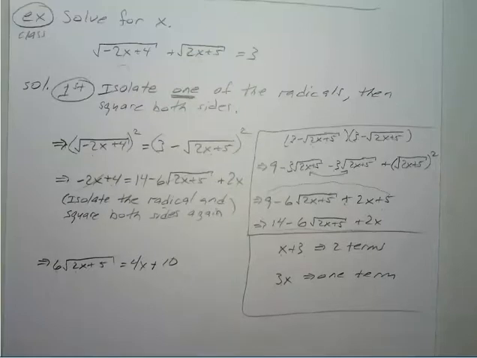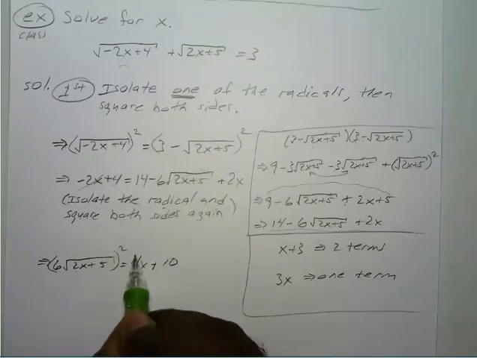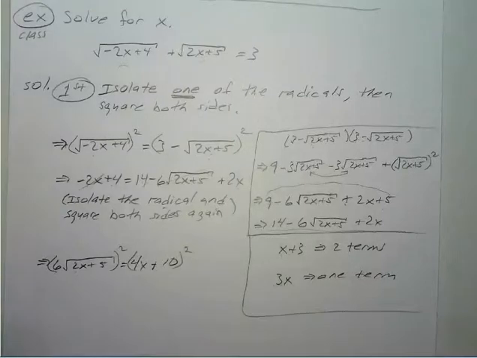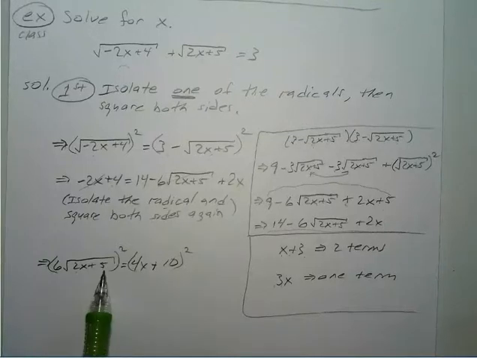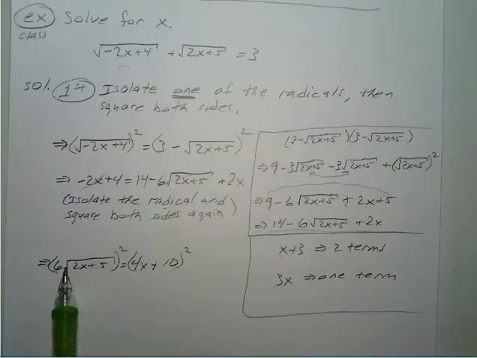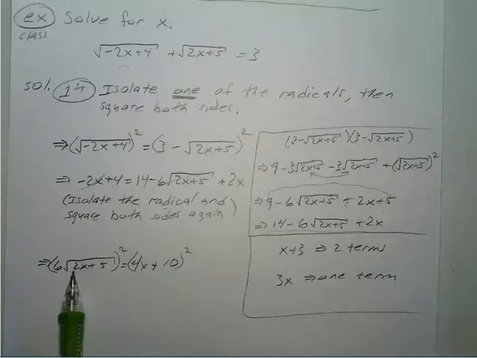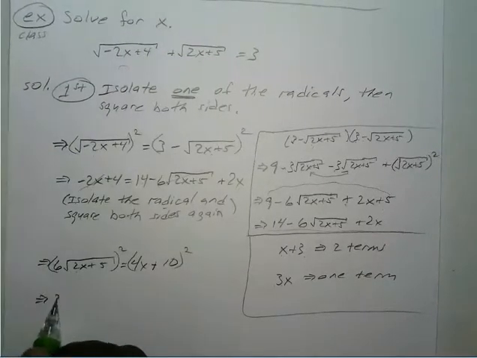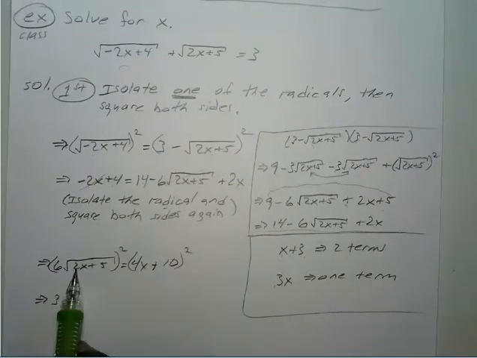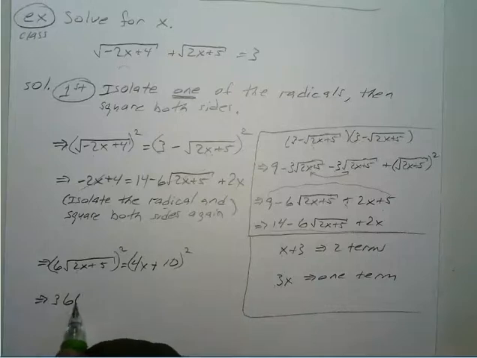All right, so now that we have the term isolated, we go ahead and we square both sides. Okay, so this square, because it's all one term, everything in that term is squared. So you have 6 squared times the square root of 2x plus 5 squared. So 6 squared will give us 36, and the square root of 2x plus 5 squared is just 2x plus 5.